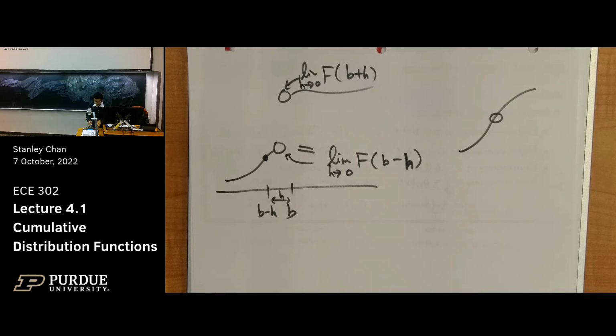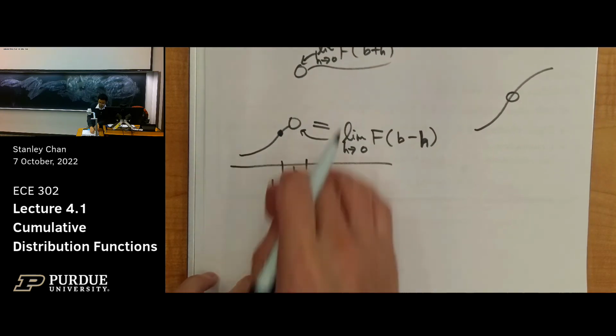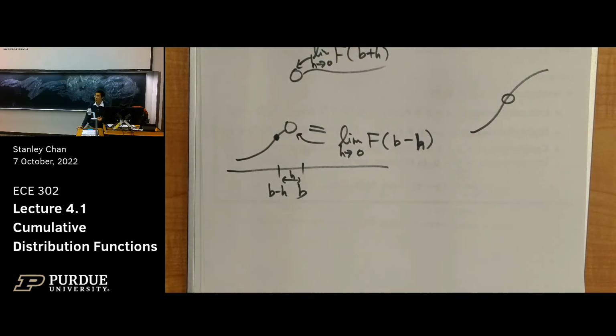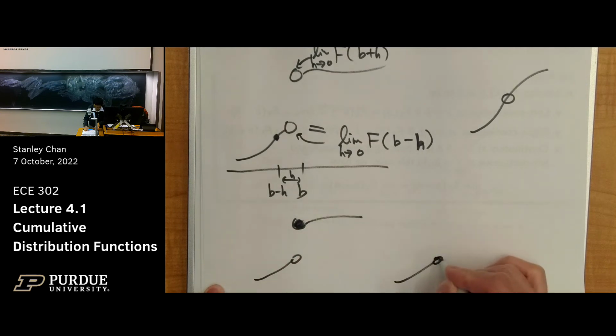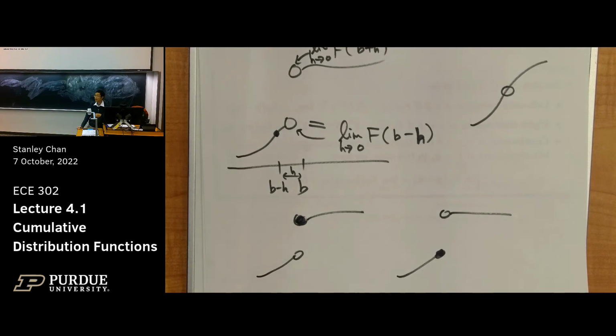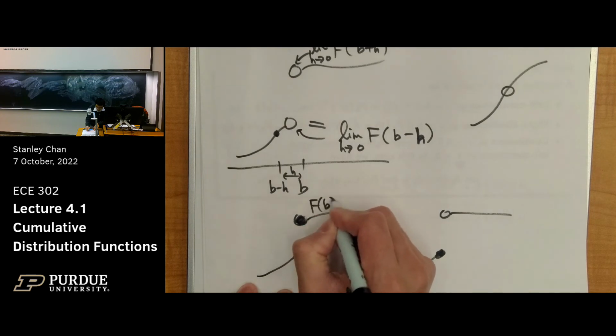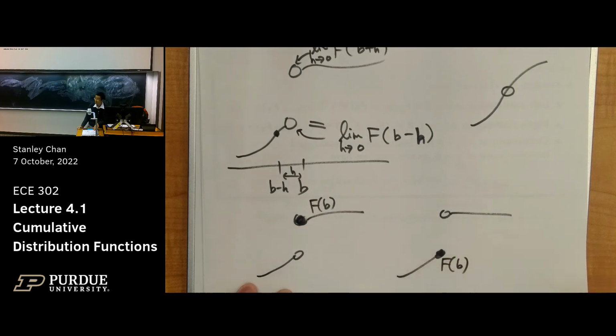Now let's say that for these two empty circles, I still need to fill in the value. I have two choices. Let's say I fill in the value over here, whereas in the other case I fill in the value down there. When I fill in a dot, I mean that f of b is over there. This is f of b.